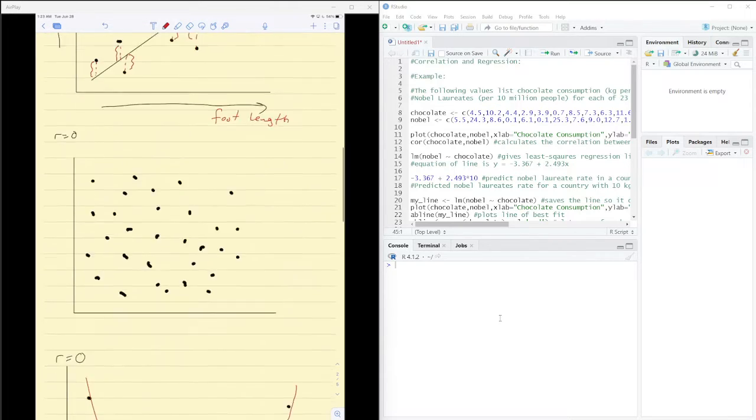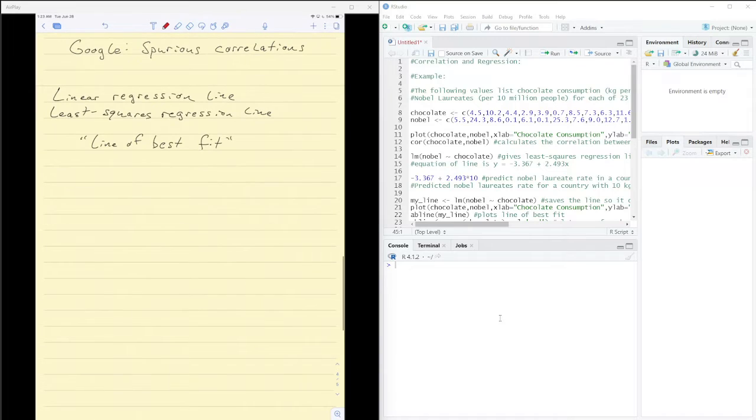So remember from an algebra class, the equation of a line, you usually talk about y equals mx plus b, where this is your slope and this is your intercept.